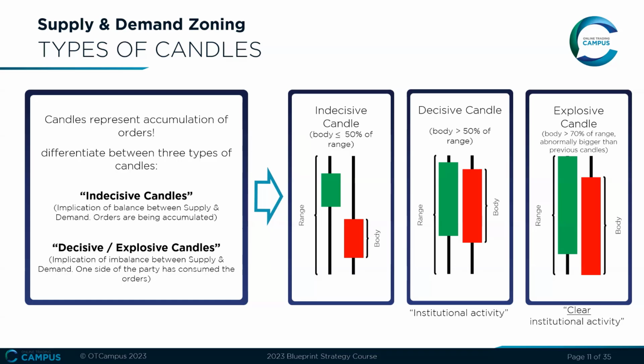And what it means if you spot a large candle is you're basically spotting institutional activity. The larger, bigger, and more visually clear the candle is, the more it implies that there may be institutional activity.